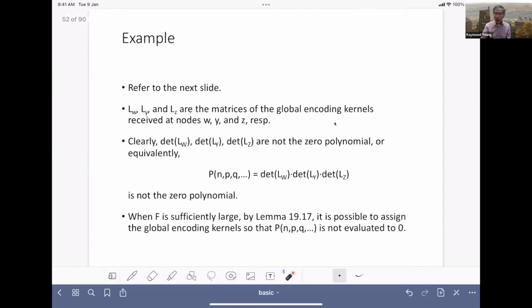So I'm going to use the example of the butterfly network to explain to you how it works. Okay, so we have the butterfly network like this.